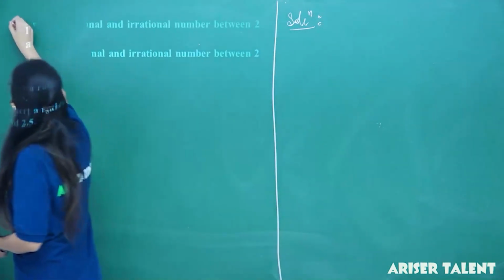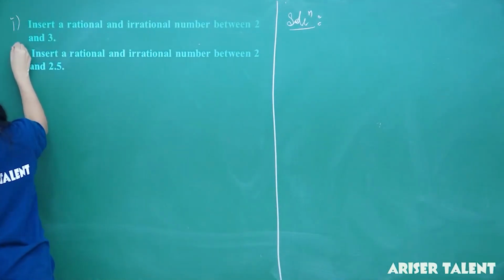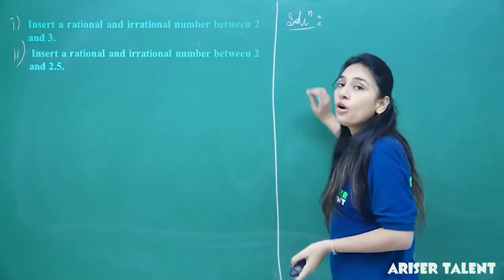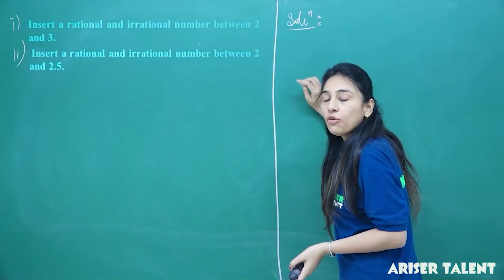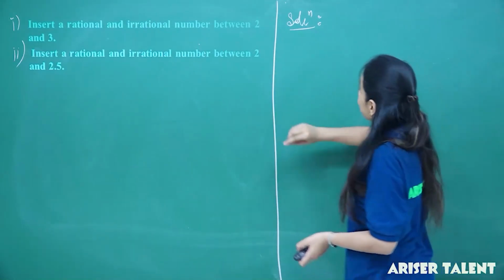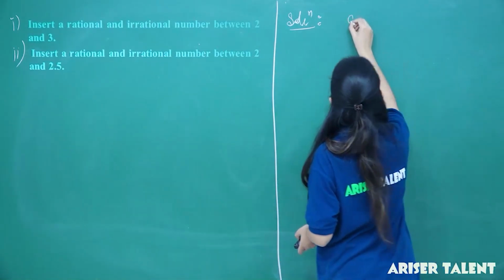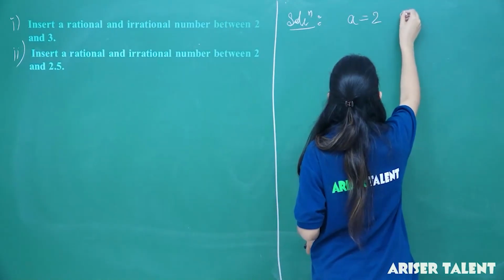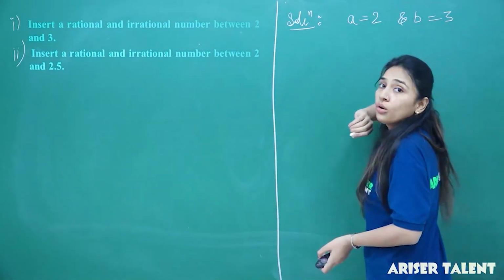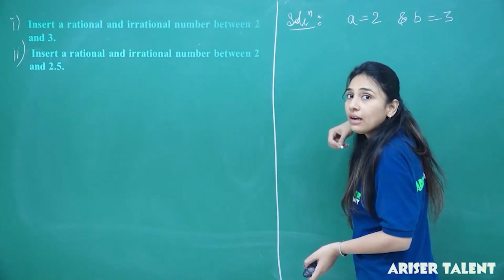Let's take this as first and second. Insert a rational and irrational number. A rational number is what? That you can write in the form of p by q, where q is not equal to 0. Okay. So, we have a as 2 and b as 3. Now, for a rational number, what do I have to do?